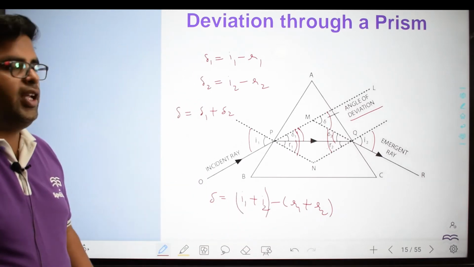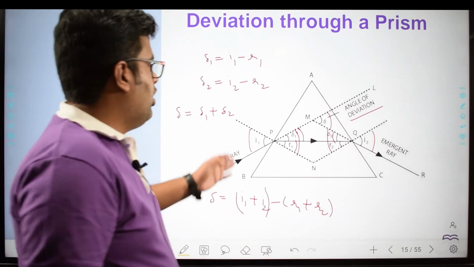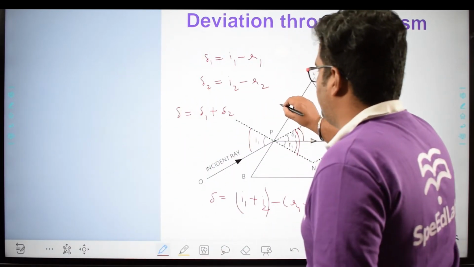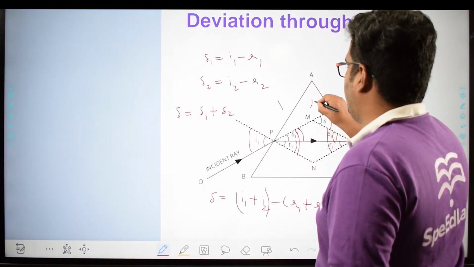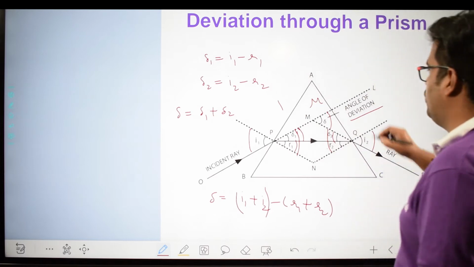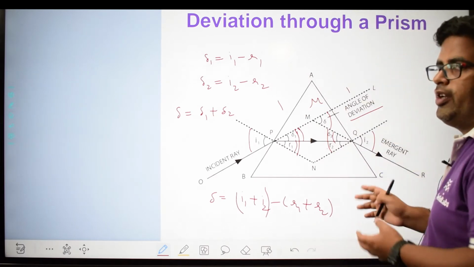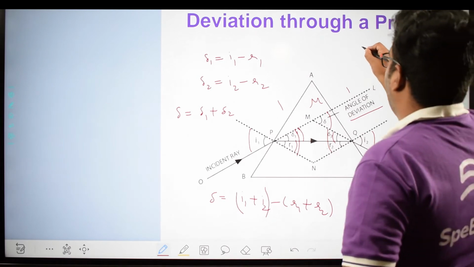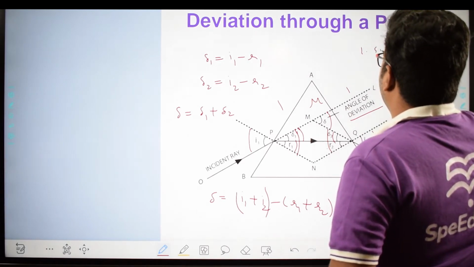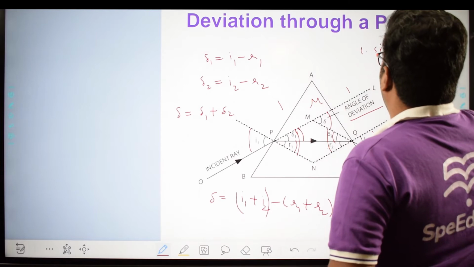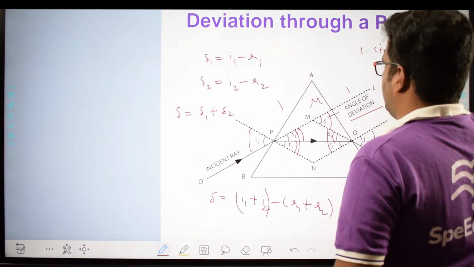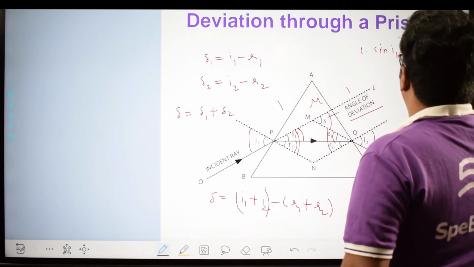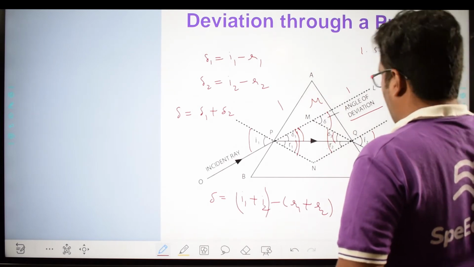Now we are going to apply Snell's law. So how are we applying Snell's law? Let's say the refractive index of air is 1 and the refractive index of the prism is mu. So applying it, we have 1 into sine I1, and that will be equal to mu into sine of R1.